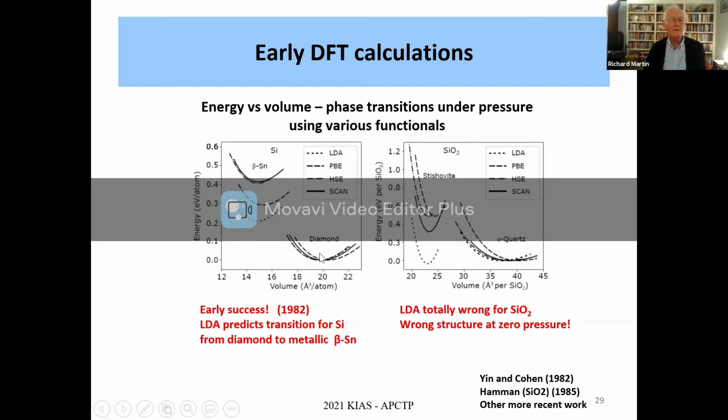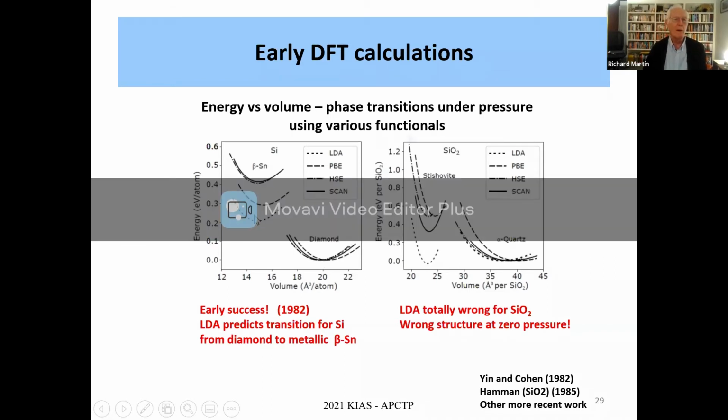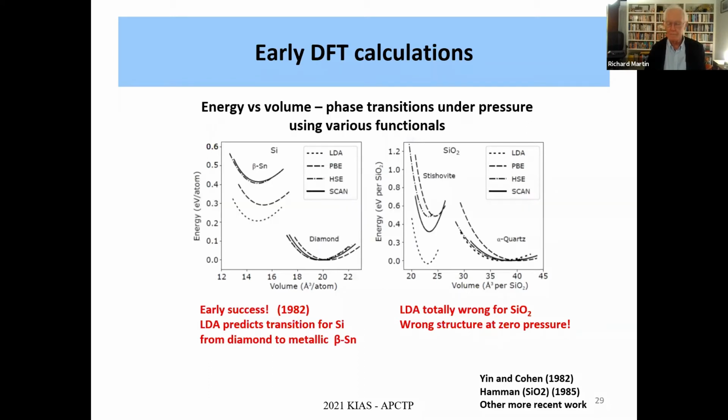And this relates to what happens when you put diamond silicon under pressure and it transforms to a metallic system. The fact that you could get the difference in energy between an open covalent structure and a more densely packed metallic structure was really impressive, and showed people that you could do many things with density functional theory.